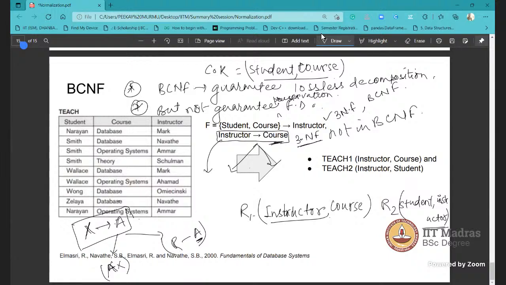So whether we decompose a relation into BCNF or not will depend on whether it preserves the functional dependencies. If it does not, there is no point in decomposing it. But if you want your system to be less redundant, you compromise on that functional dependency, right? Suppose the university requires it.